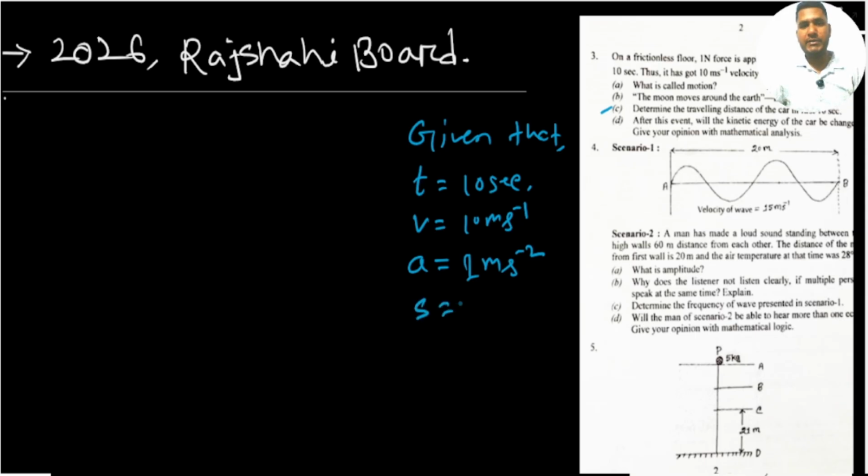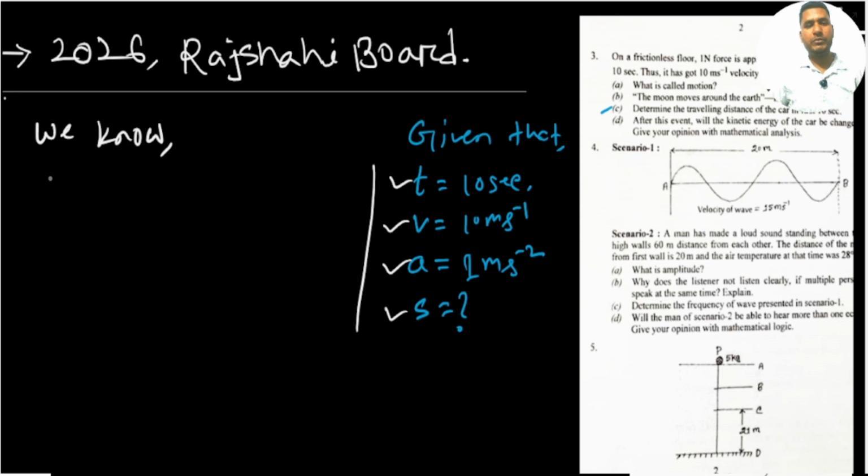Okay, so S is equal to what? From the given quantities here, time, velocity, acceleration, and S, which equation of motion is applicable for this given data? We know the equation is S equal ut plus half at square.